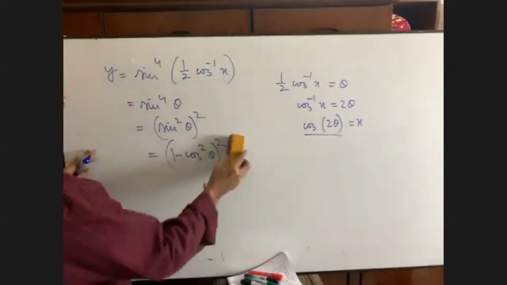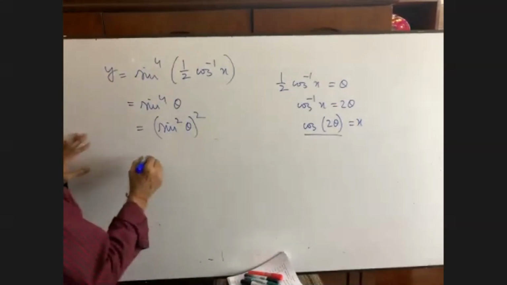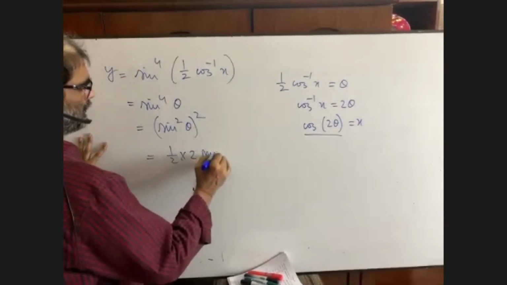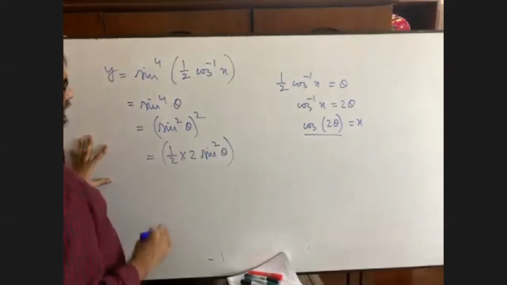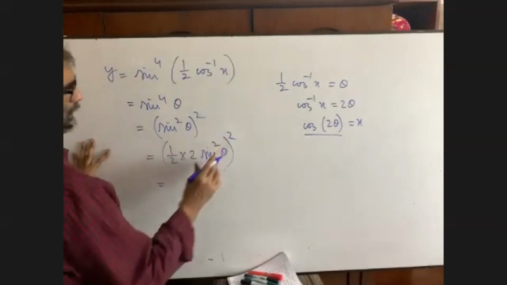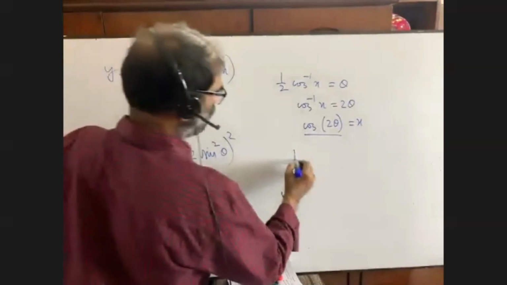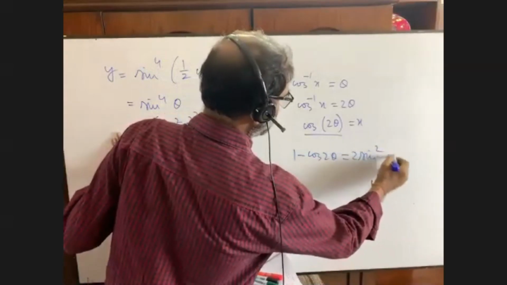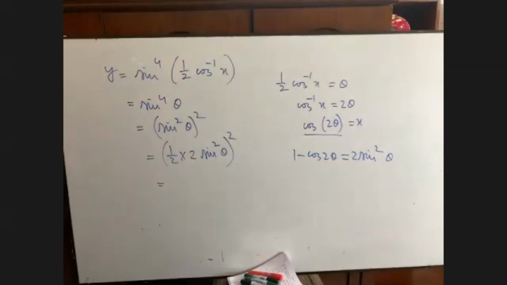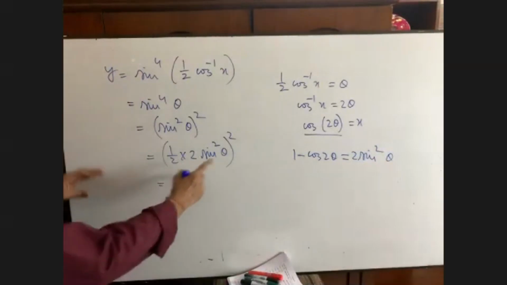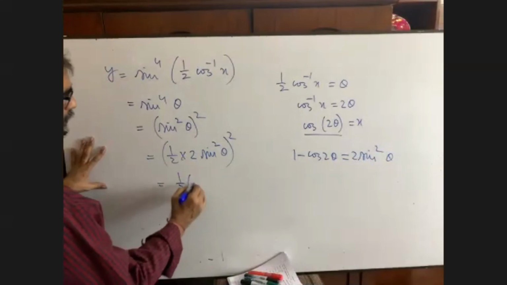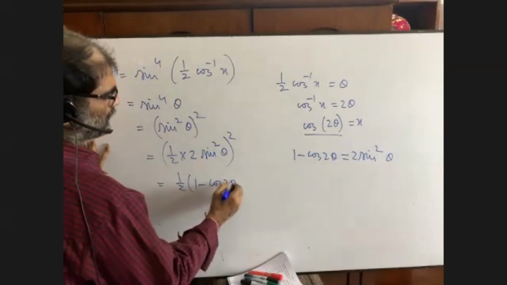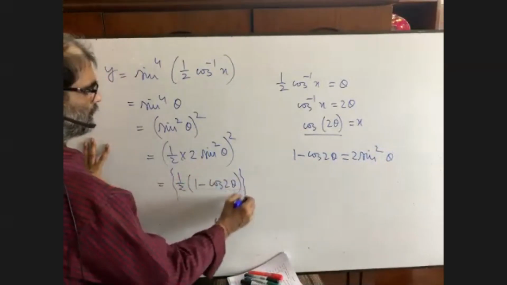We have to put it this way. We can write here half into 2 sin square theta, right? Now it is a formula including cos 2 theta. That means 1 minus cos 2 theta equals 2 sin square theta. Am I right? Yes, sir. So we can put this value. This is half into 1 minus cos 2 theta, whole square.